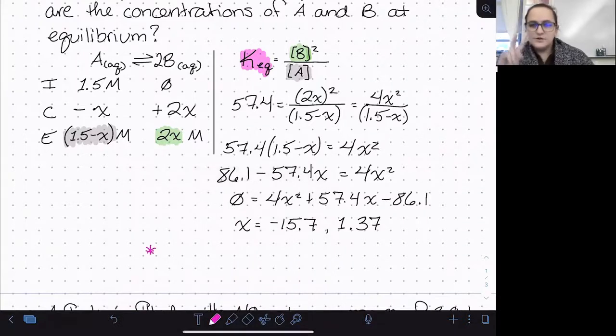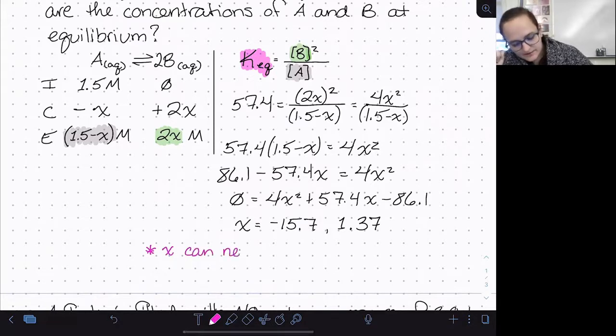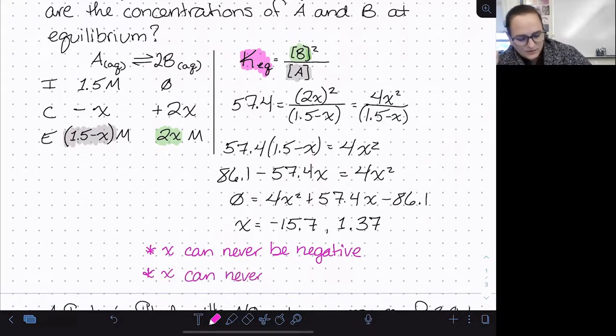So there are two things to look for. X can never be negative. And X can never produce negative equilibrium concentrations.